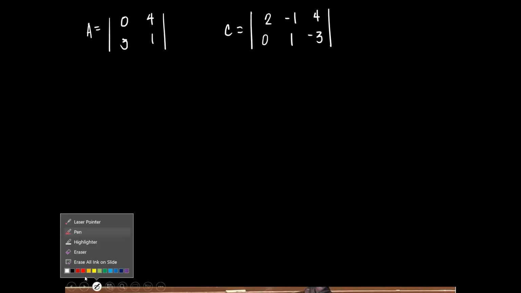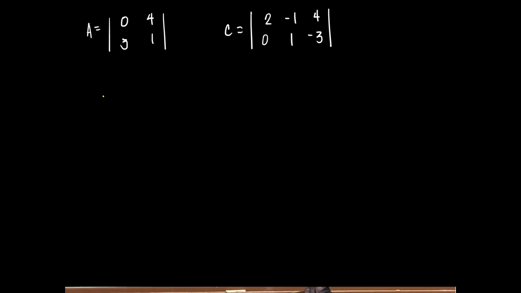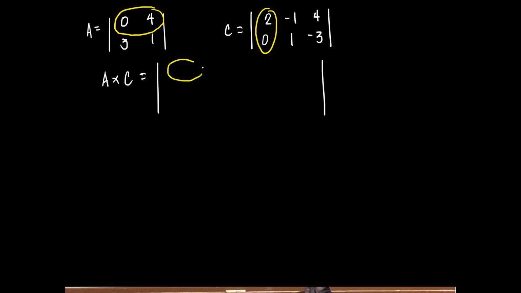So in this case, you would want to multiply A by C. So let's encircle a row and a sample column. Let's go to A by C. Let us create our circles.